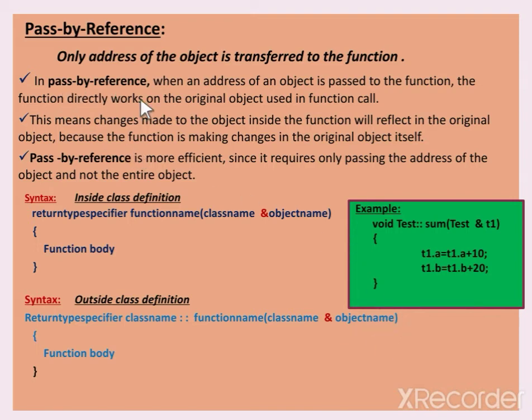In pass by reference, when an address of an object is passed to the function, it directly works on the original object used in the function call. This means changes made to the object inside the function will reflect in the original object.